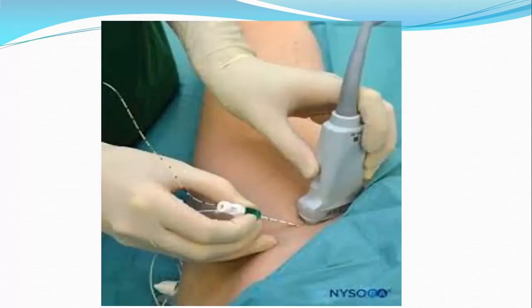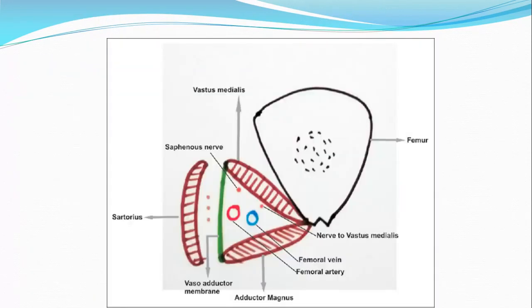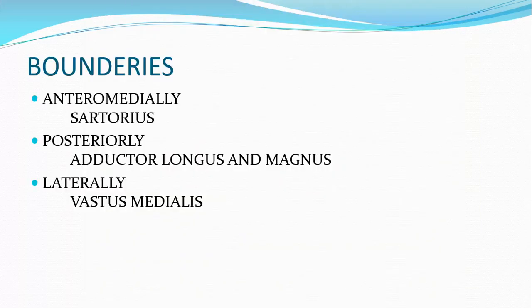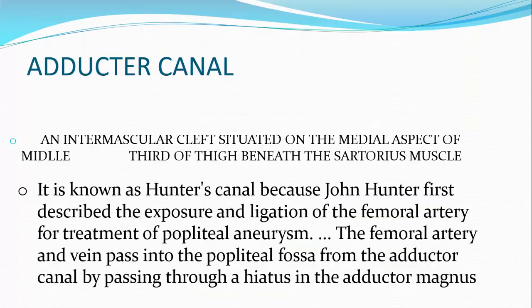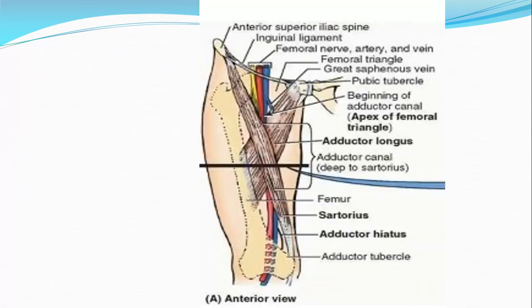Okay, so what we have learned today is that the adductor canal is a canal on the medial side under cover of sartorius. It's also called Hunter canal. Why? Because John Hunter first exposed the femoral artery in this area.